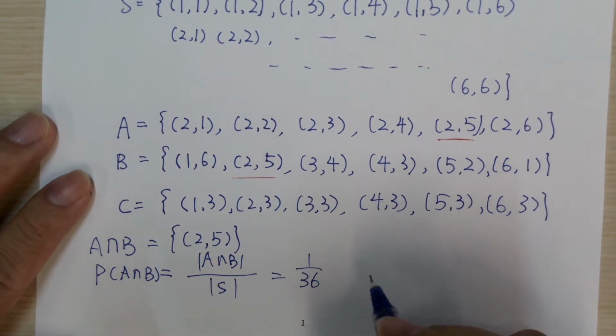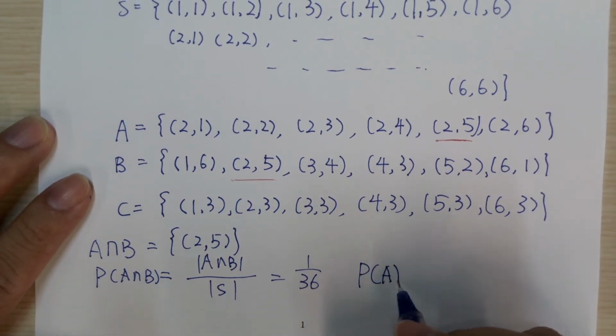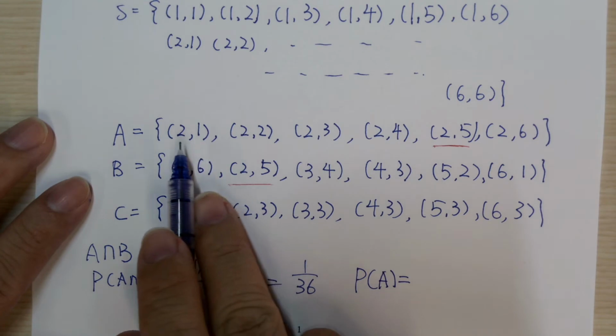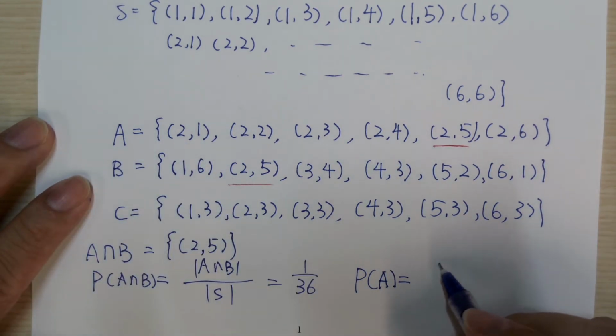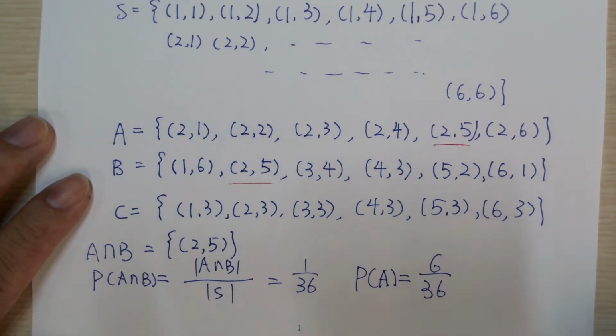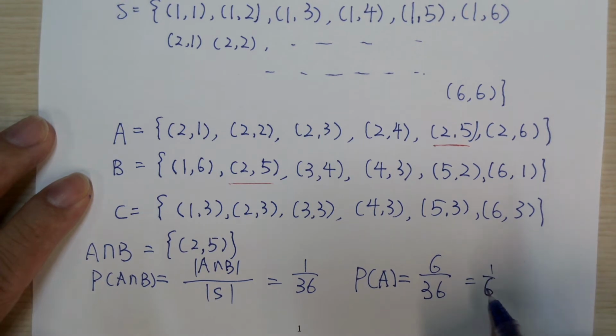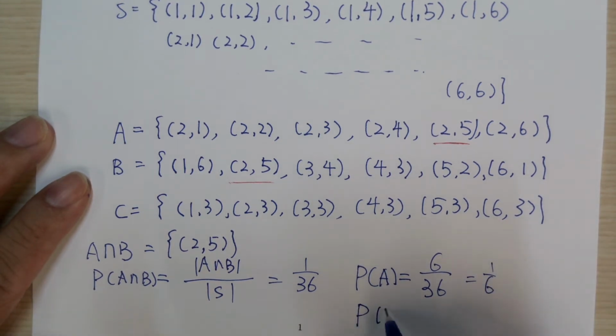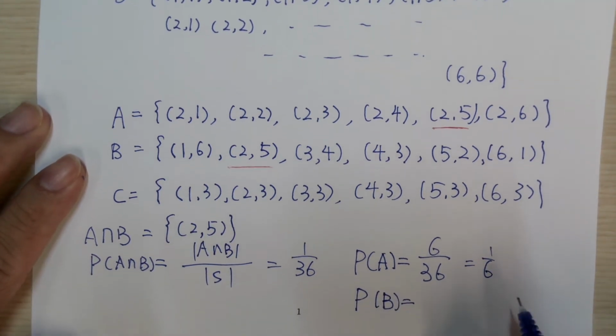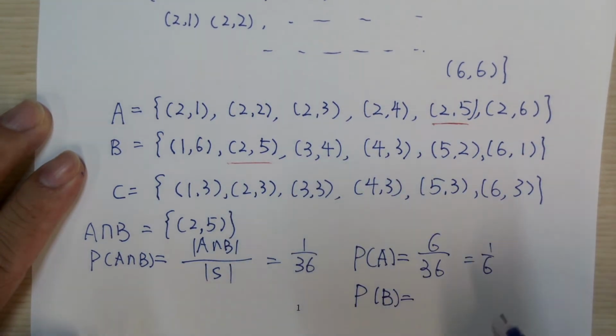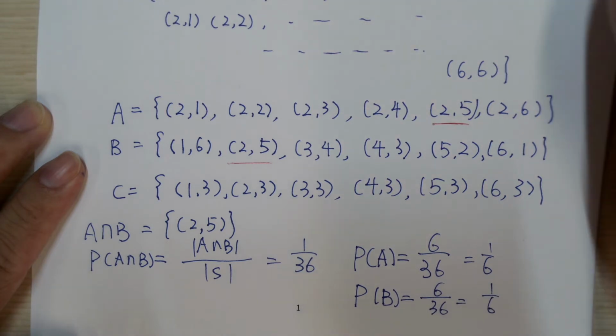Now, what about the probability of event A, which is the cardinality of A? So 6 over 36, which is 1 over 6. What about the probability of B? We have 6 over 36, which is still 1 over 6.